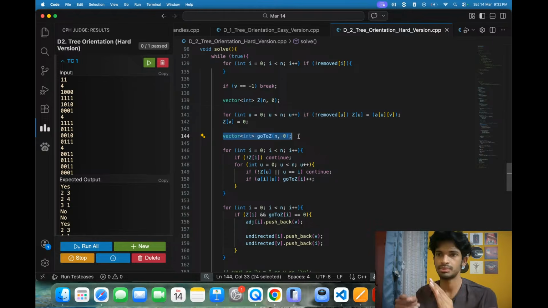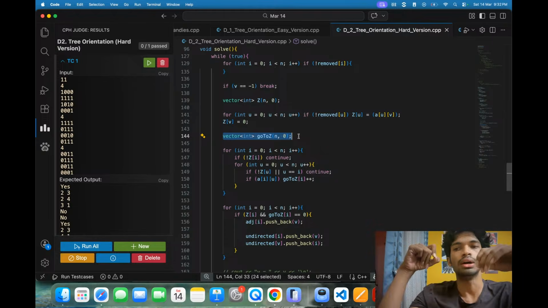Okay, let's take the minimum size. That is definitely coming into this. Now, try to remove.